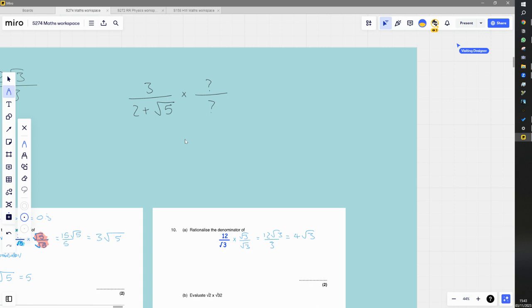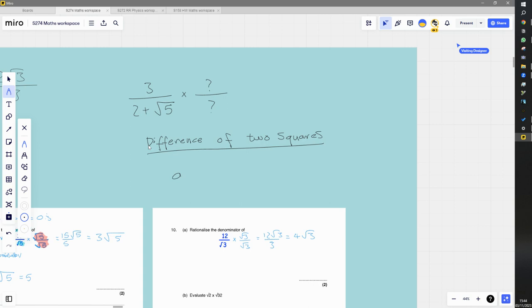So what we're going to do, well, actually, let me just pause. Maybe you know this already. We're going to use something called the difference of two squares. And we'll learn why it's called that in a moment.